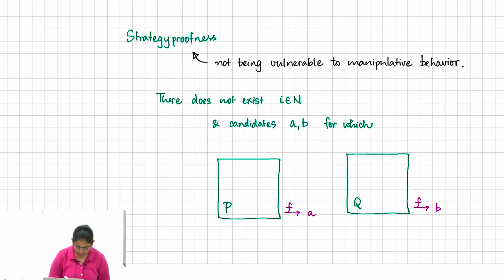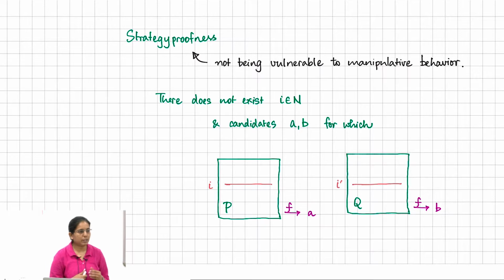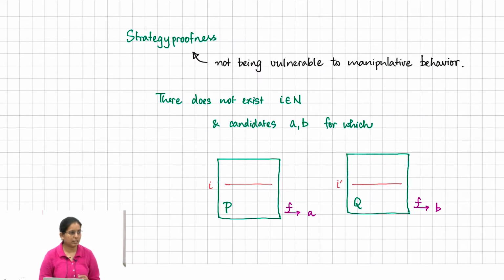So the ith voter may have a different ordering here. It would have a different ordering because if everything else is identical, then the outcome cannot change if something does not change. But nobody else has a different vote, okay? Everyone else is voting in the same way, but I has changed her preference.